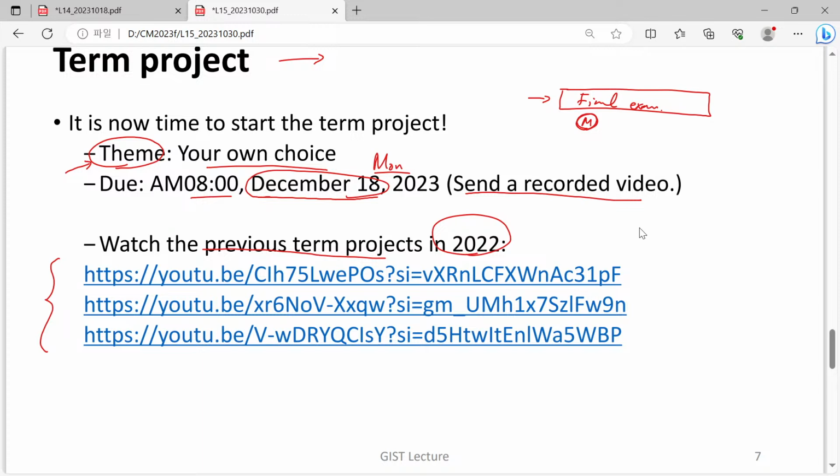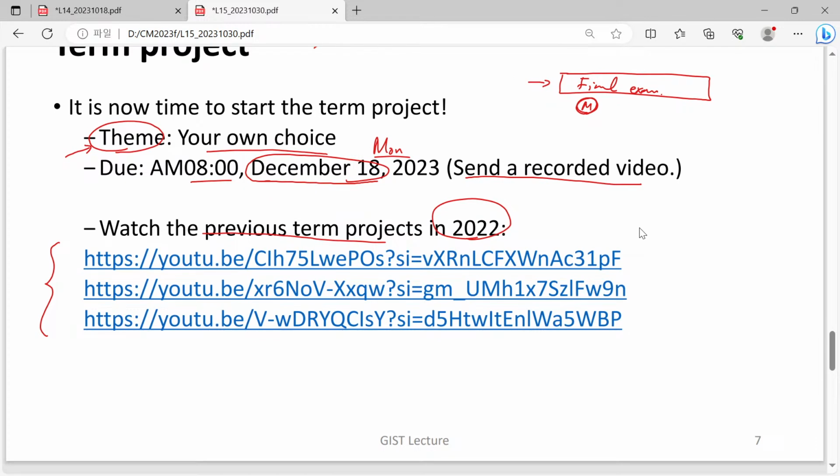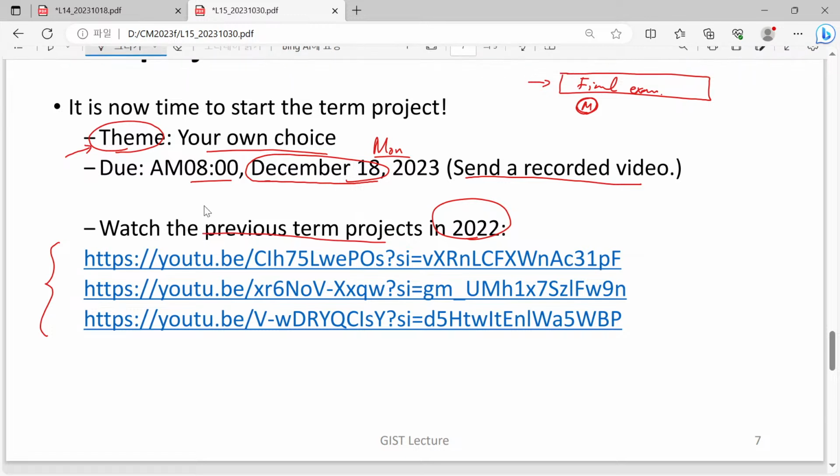Either one is quite acceptable. So please watch the previous term projects, but I think in many cases your interests may not fit with the previous term projects. I really encourage you to do a term project which is related to your own research interest.